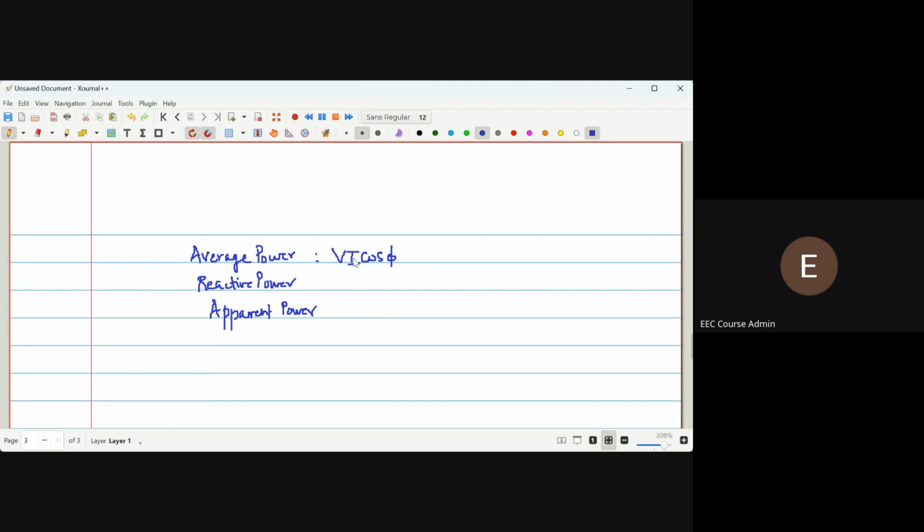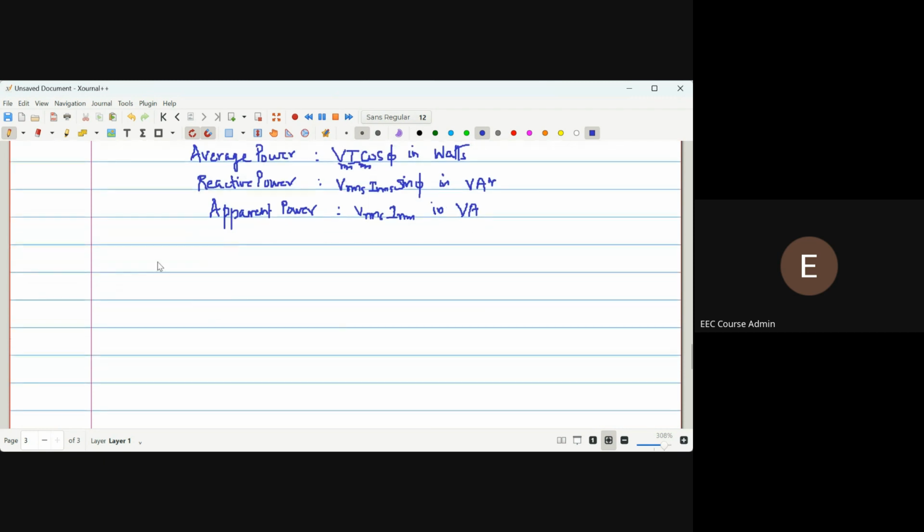That is Vrms into Irms cos phi, in watts. Reactive power will be Vrms Irms sin phi, represented in volt ampere reactive. Apparent power will be simply Vrms into Irms, and the unit is volt ampere.